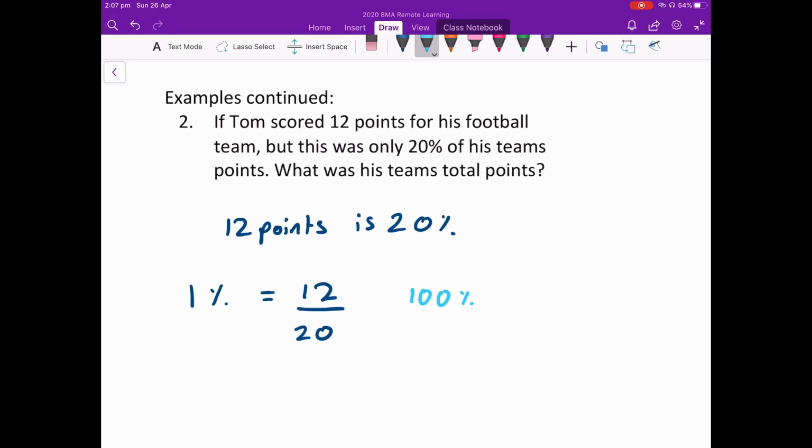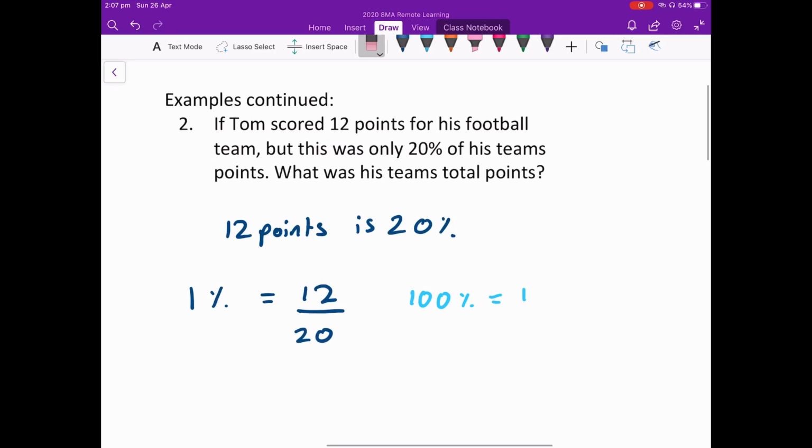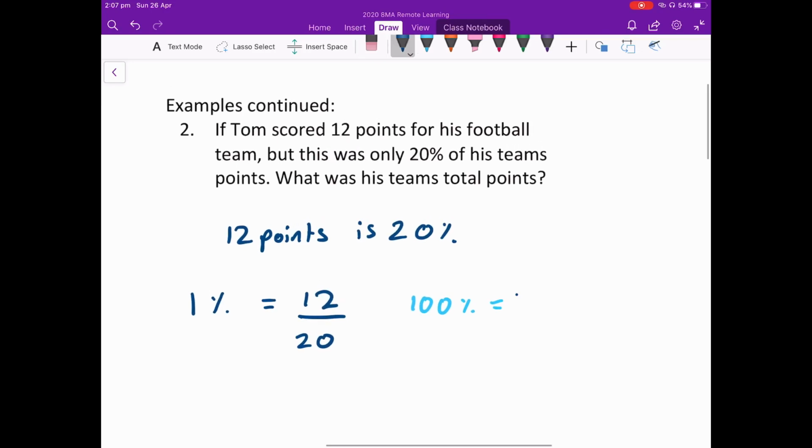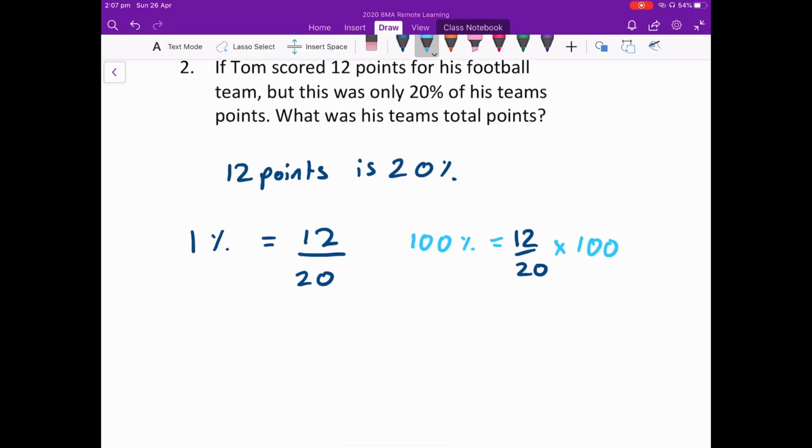So here I'm going to find 100%. So here I'll keep that same fraction, so that would be 12 over 20, and I would multiply that by 100. So we can now put that into our calculators. It should be very useful to actually learn how to do this on your phone calculators, because that is what you'll be carrying around everywhere.